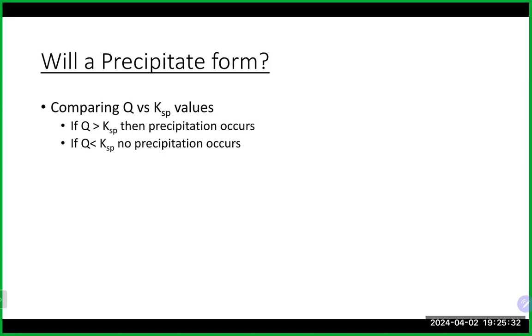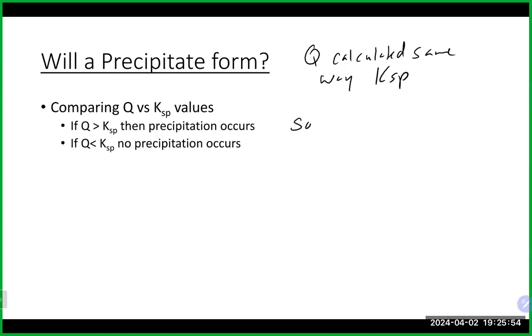So this is where we could use Q versus the KSP. And remember that Q, once again, is calculated the same way as the KSP. And if Q is greater than the KSP, a precipitate will occur.